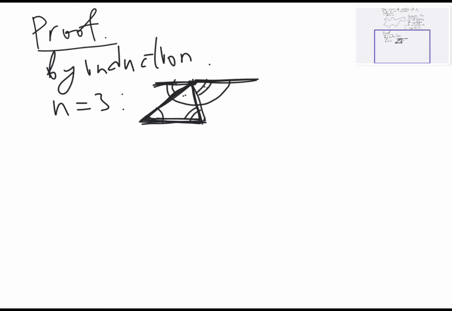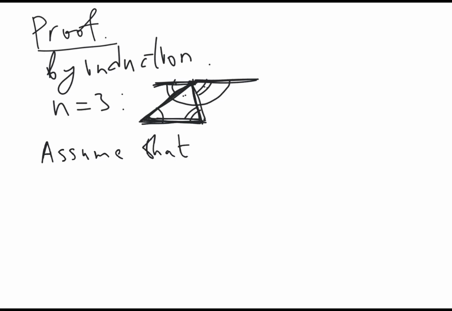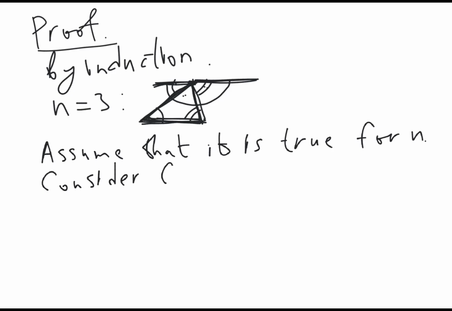So we assume that the statement is true for n, and we consider the statement for n plus 1. So we have a polygon with n plus 1 vertices.